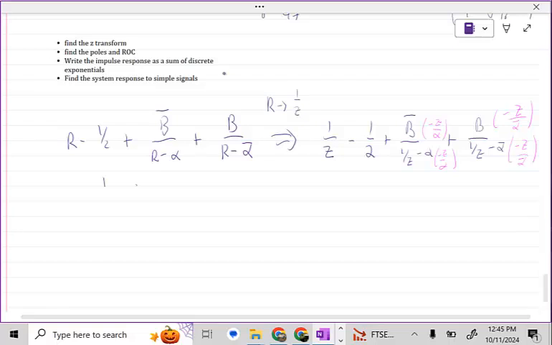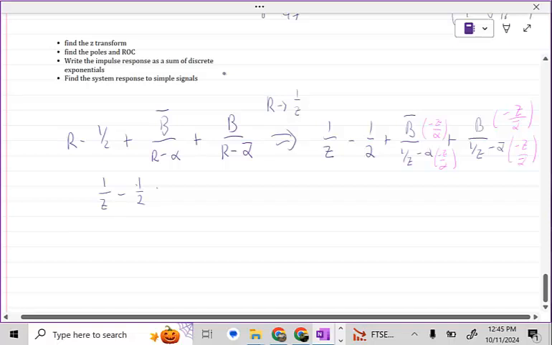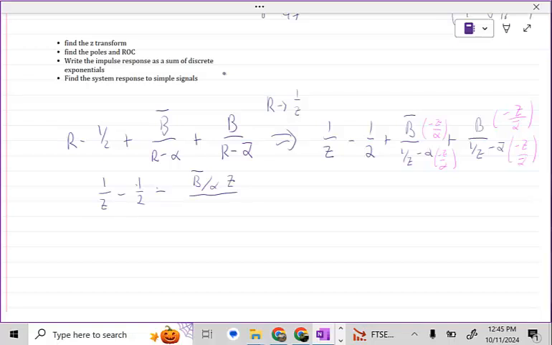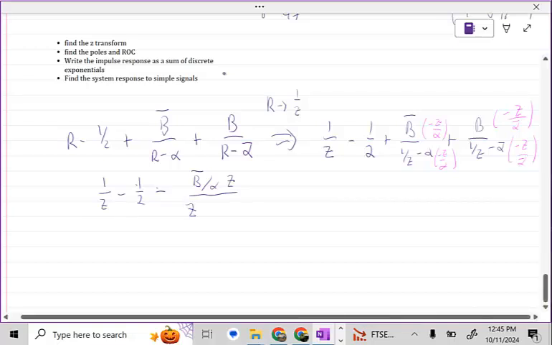All right, so if I do that, I'll go back to my purple color. I have 1 over z minus 1/2. And then I'm going to have a minus again, times z over, and then I'm multiplying both terms on the bottom, so I'll write the second term first. It's going to be z minus 1 over alpha. And notice the 1 over alpha here.